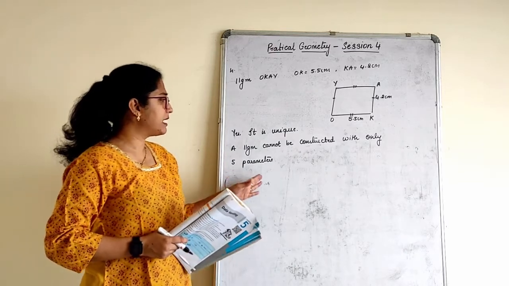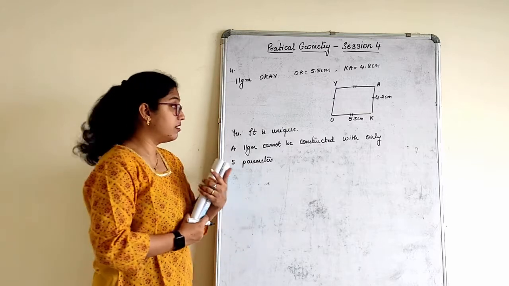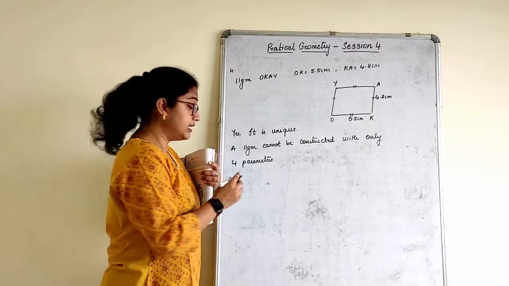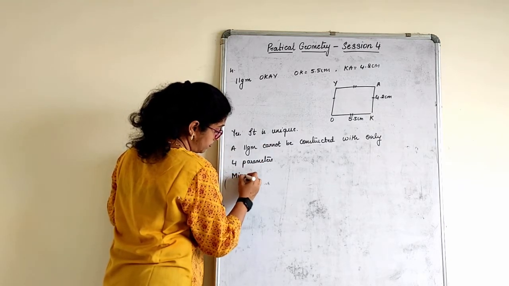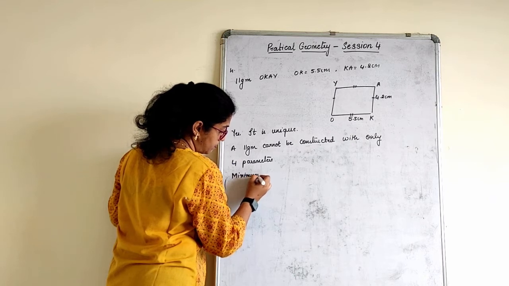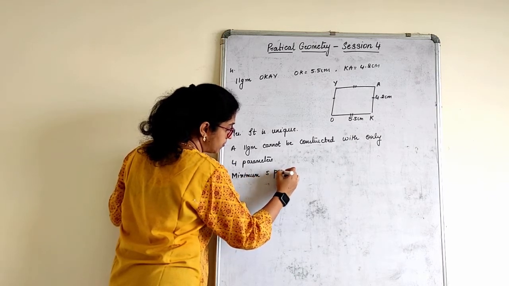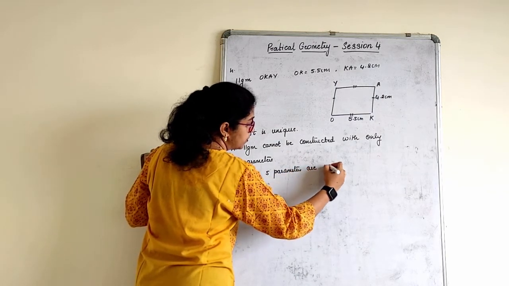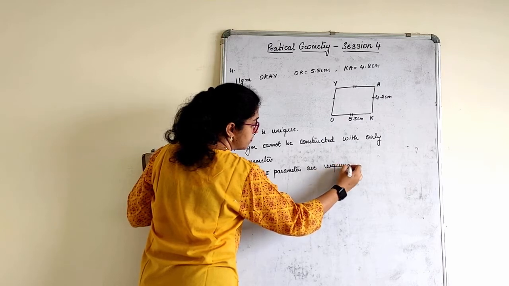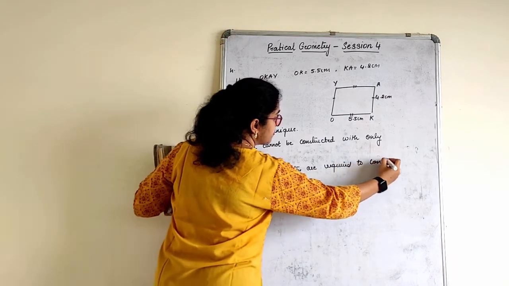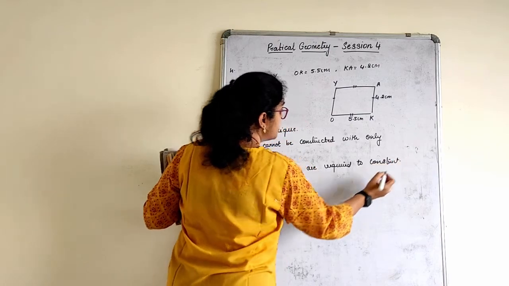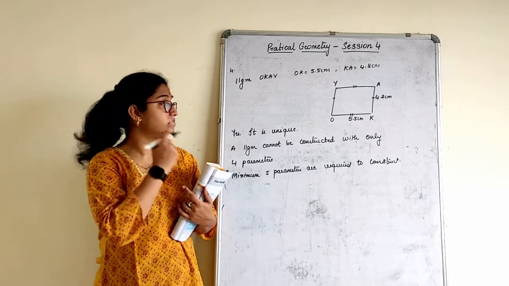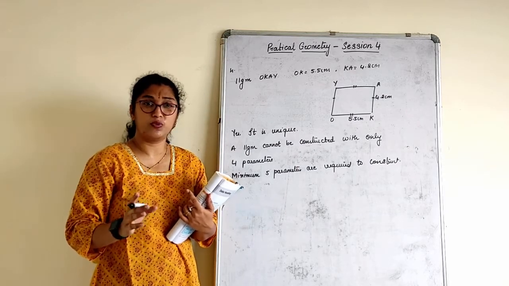It is unique because a parallelogram cannot be constructed with only 4 parameters. Minimum 5 parameters are required to construct. In other words, simple, you can write that the given data is insufficient to construct a parallelogram. That also can be your answer. That is why it is unique.